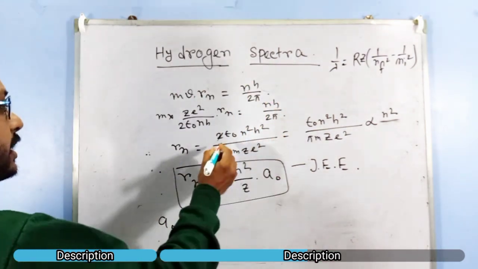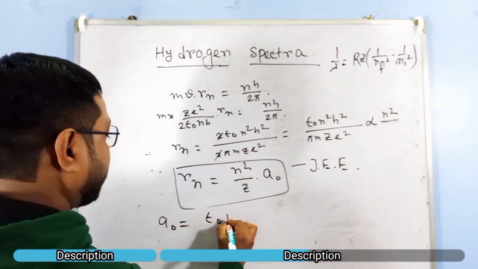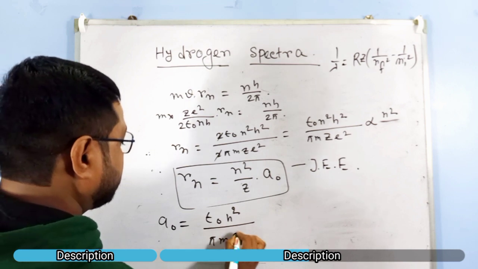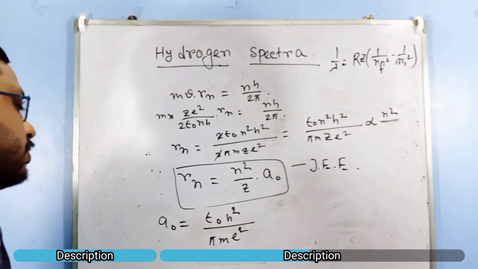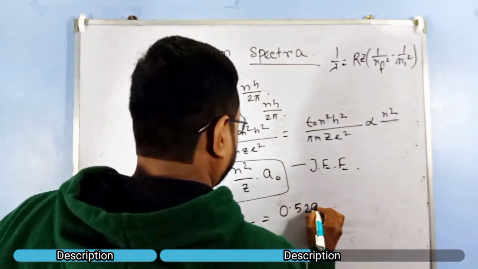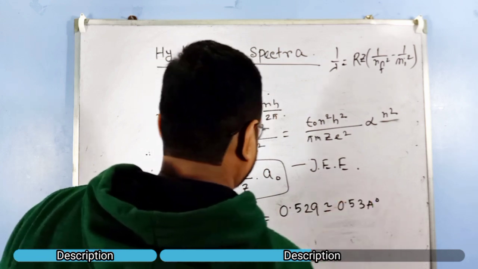A0 is given as epsilon naught h square divided by pi m e square, and this value is 0.529, or approximately 0.53 angstrom.